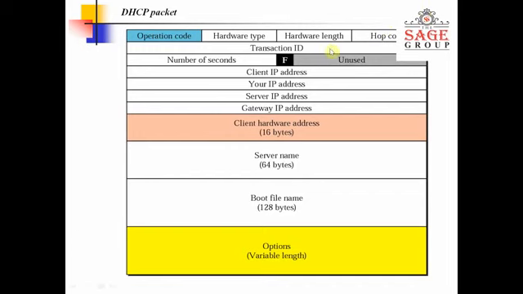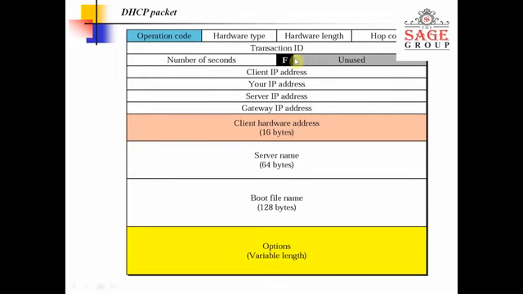What is the transaction ID? The transaction ID is an ID by which data is transferred from client to server or server to client. The number of seconds is the duration for which the network has been connected.